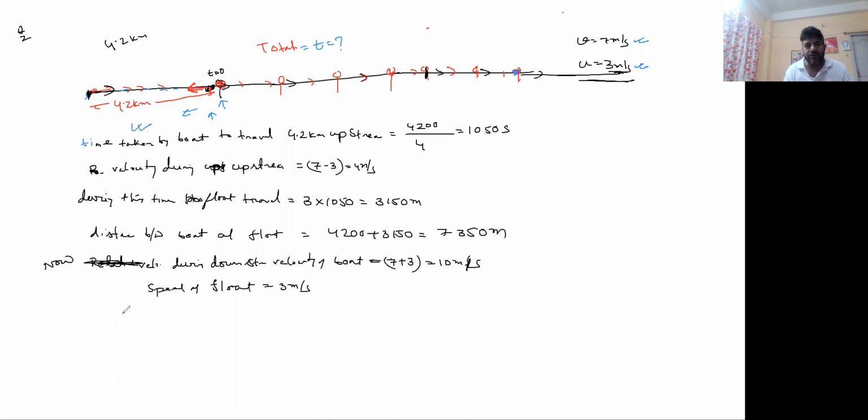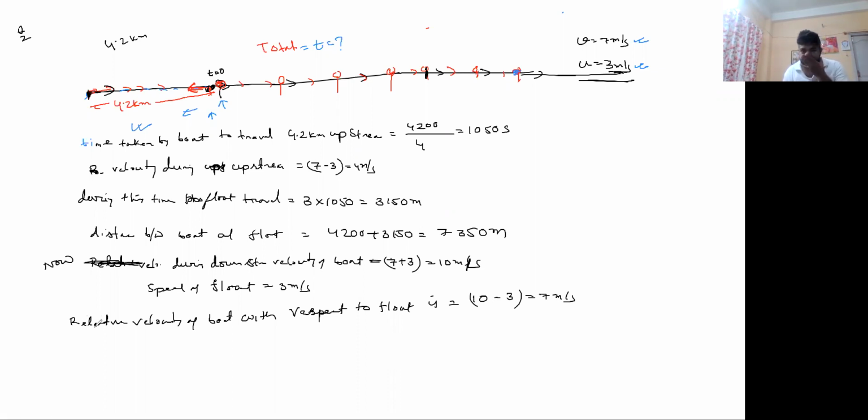Yes, sir. So now what we can say, relative velocity of boat with respect to float is 10 minus 3, that is 7 meter per second. Yes or no? Yes, sir.